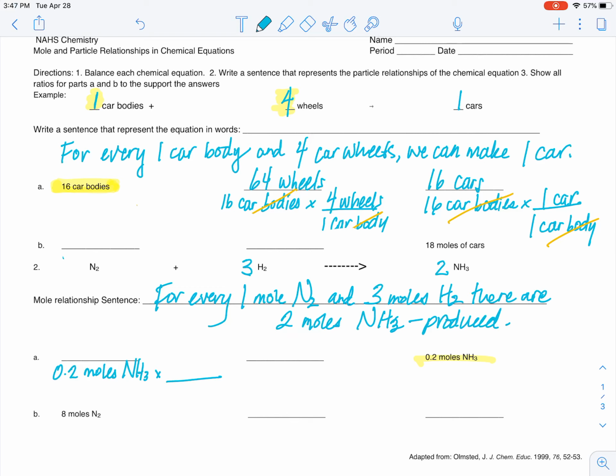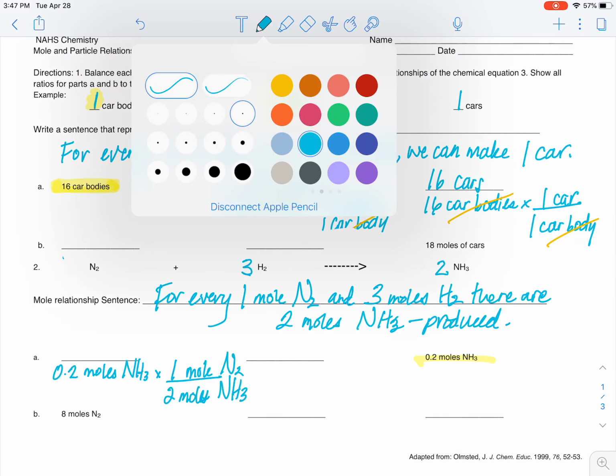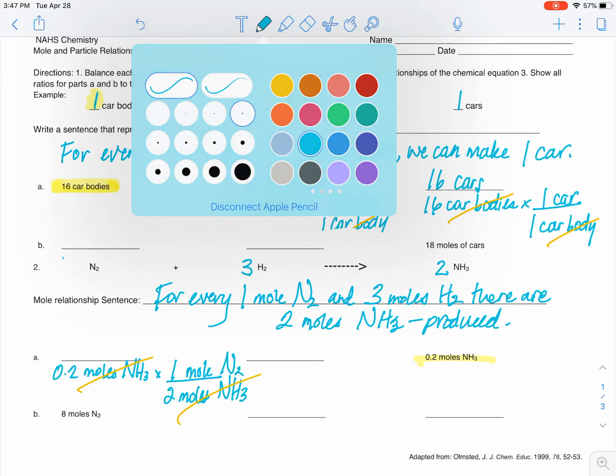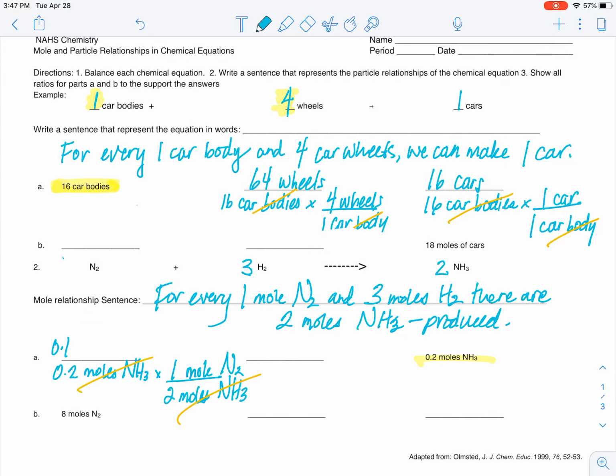So in the balanced chemical equation, for every 2 moles of ammonia, there is 1 mole of nitrogen, right, in the reactants. And so we go ahead and we cancel out our moles of ammonia, and we divide 0.2 by 2, and we get 0.1 moles of nitrogen.